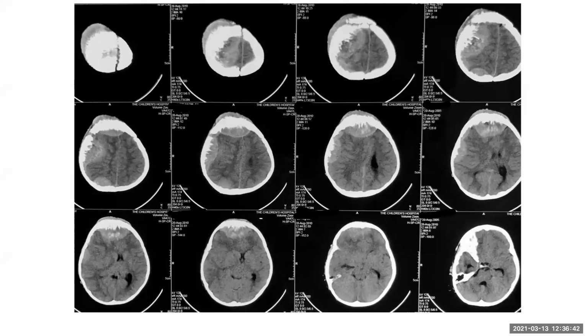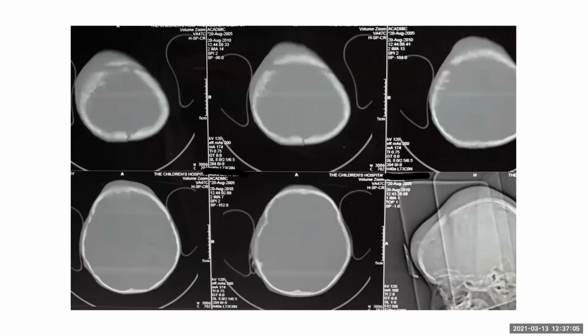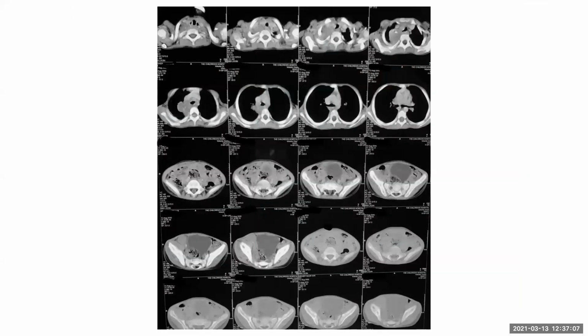So with bony changes with soft tissue swelling on both sides of the brain, I would be thinking of more of a metastatic process in a child, and neuroblastoma would be my primary differential. I'd like to do cross-sectional imaging of the chest and abdomen for further evaluation.